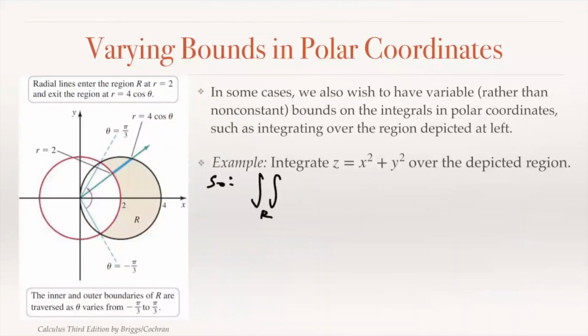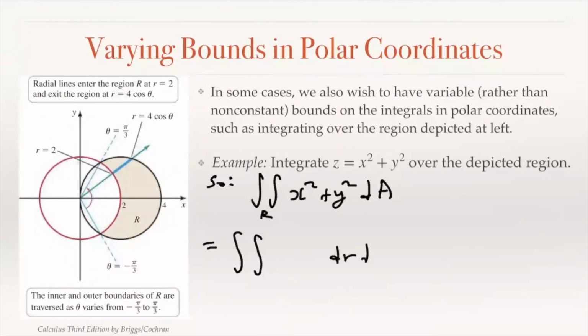So the double integral over R of x squared plus y squared dA is, okay, let's do dr first, and then d theta. Never forget that r right there. This guy here is just r squared. Okay, and our r is going between 2 and 4 cosine theta.